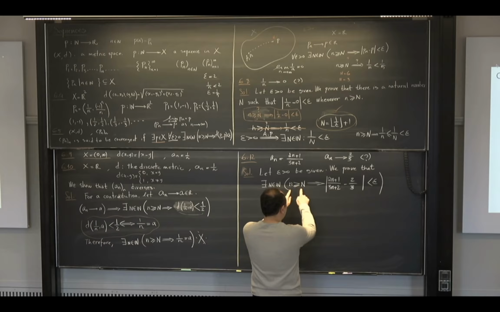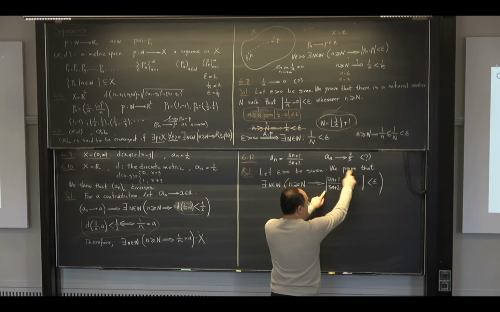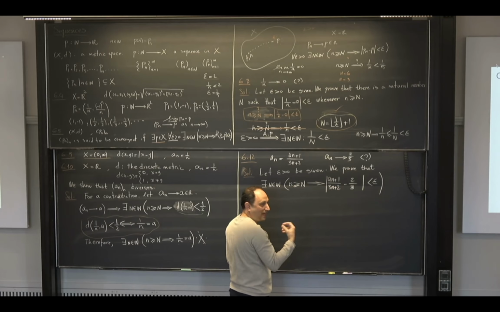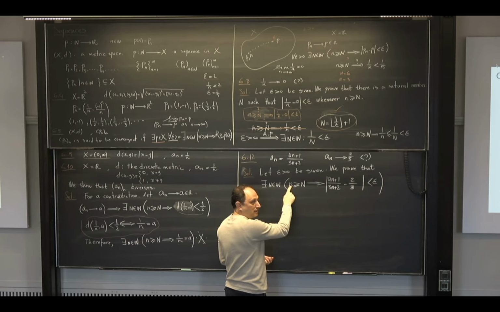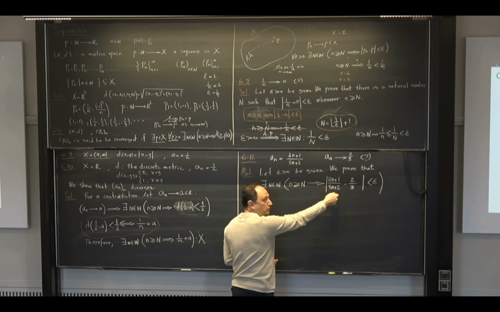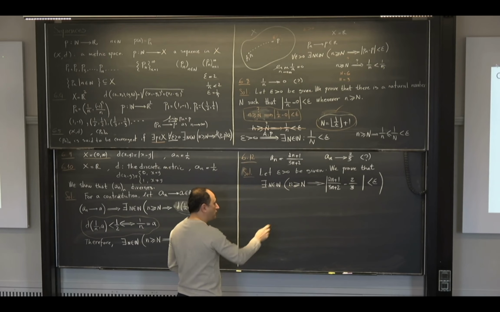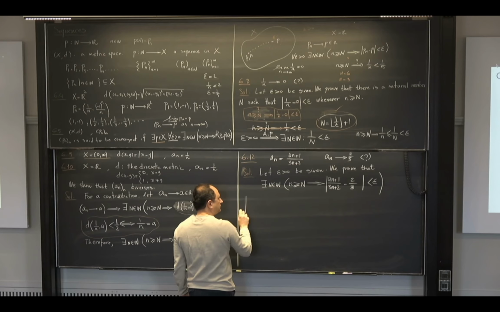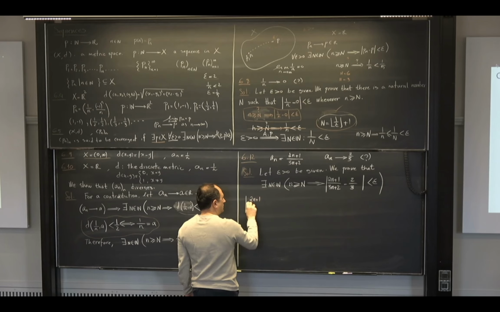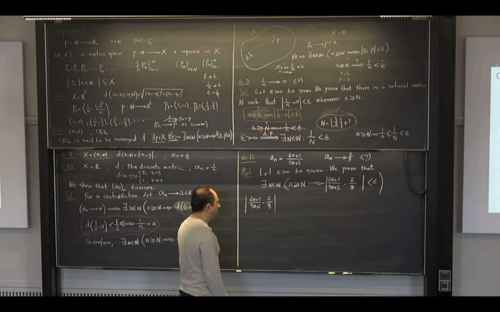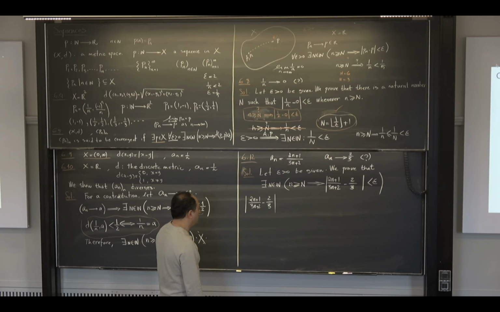So no one starts from here. I want to simplify this to understand the connection between this and this N. Because what I have in my hand is this little n, I want to control this little n by this capital N so that this works. So what I do, I will start from here and try to simplify it as much as I can.